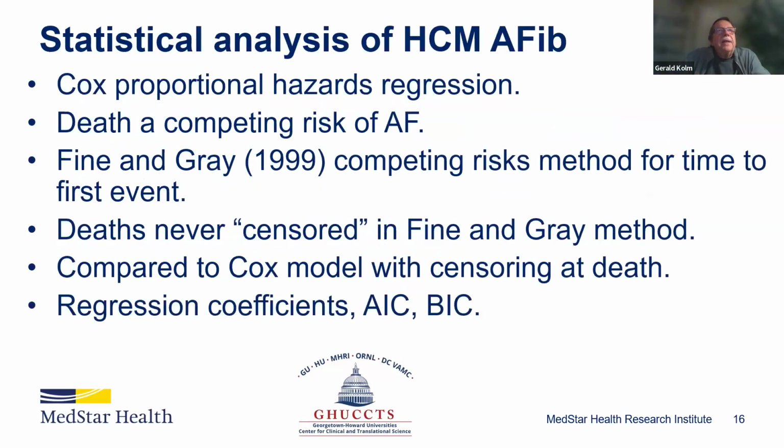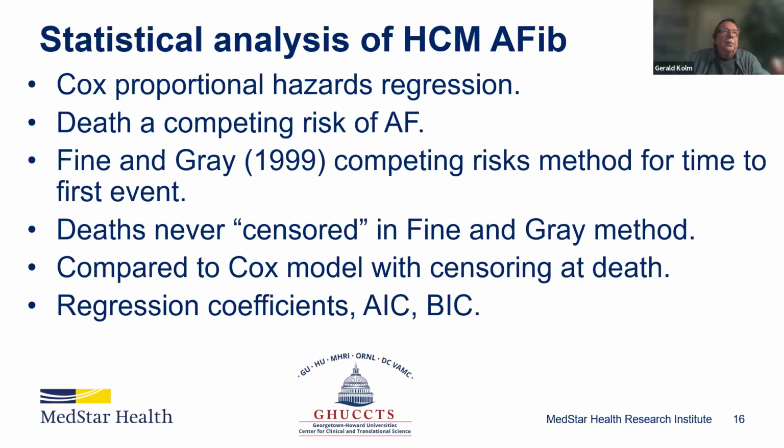Let me give you an example of a study that we did a few years ago of atrial fibrillation in hypertrophic cardiomyopathy patients. Obviously in this, we're going to use Cox proportional hazards regression, and in this case, death from any cause is a competing risk for atrial fibrillation. There is a method of analyzing these data by Fine and Gray.